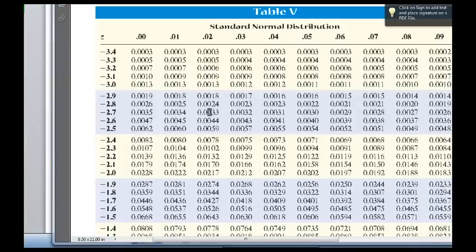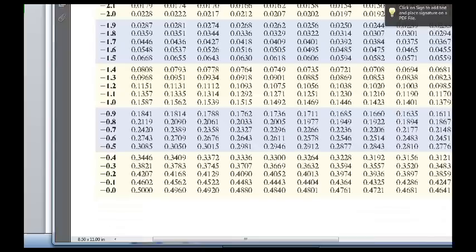Okay, so if I scroll, 0.21, 0.27, let's see, where's my 0.25? Why can't I find it? There's 0.24 and 0.23. Okay, what's the next one? 0.2514. I would go with this one because it's a little bit closer. The z-value that goes with that is, if we go all the way out to the edge, negative 0.6.